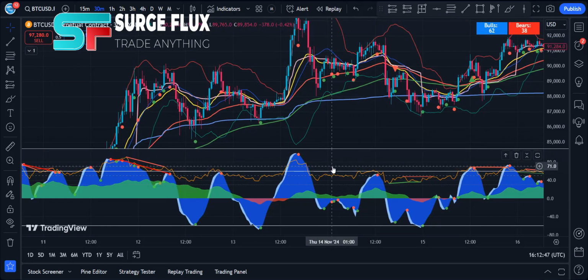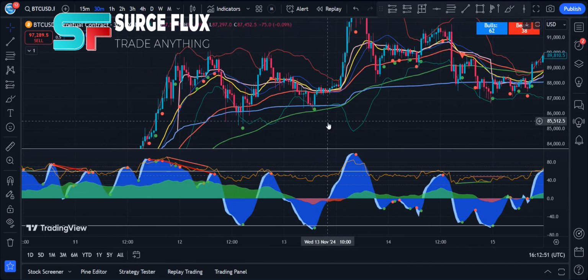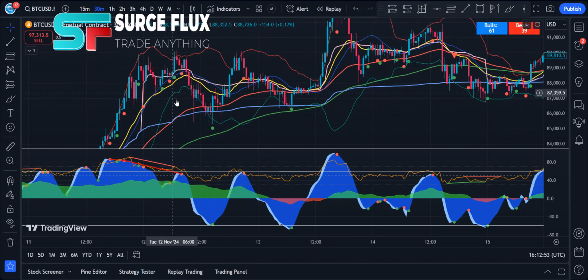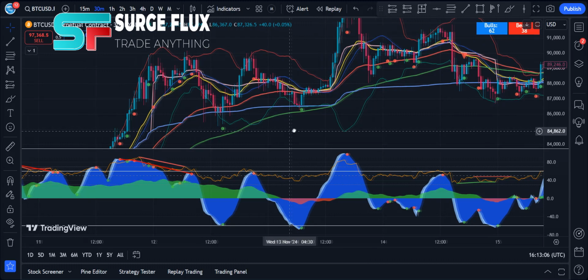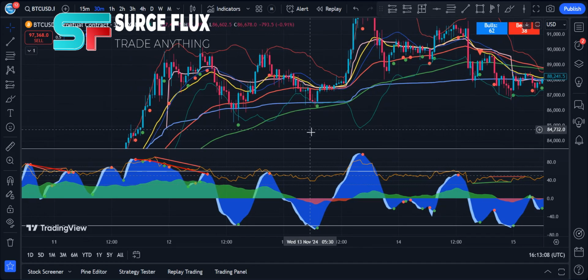And then, of course, we will be looking at momentum waves on Surge Flux B. So here we will discuss only long setups. You can actually reverse this strategy and do also shorting, but I'm going to discuss only the long entries.